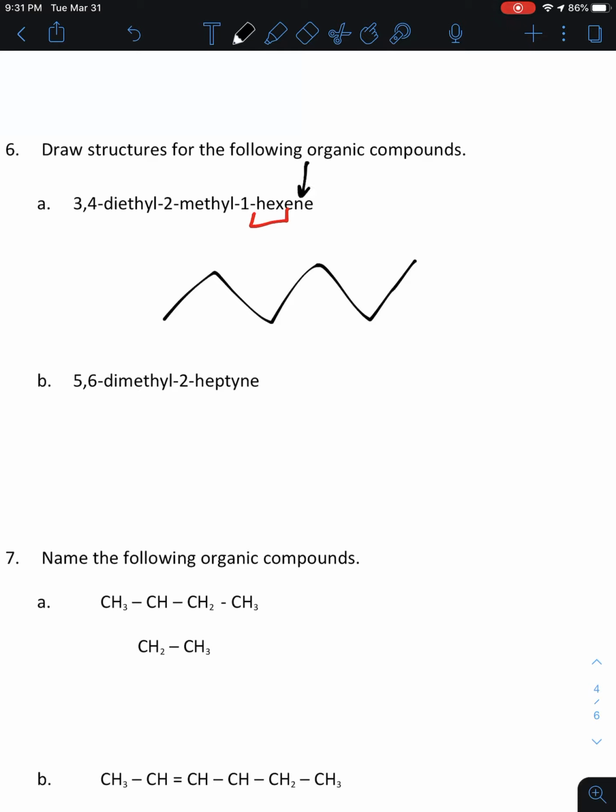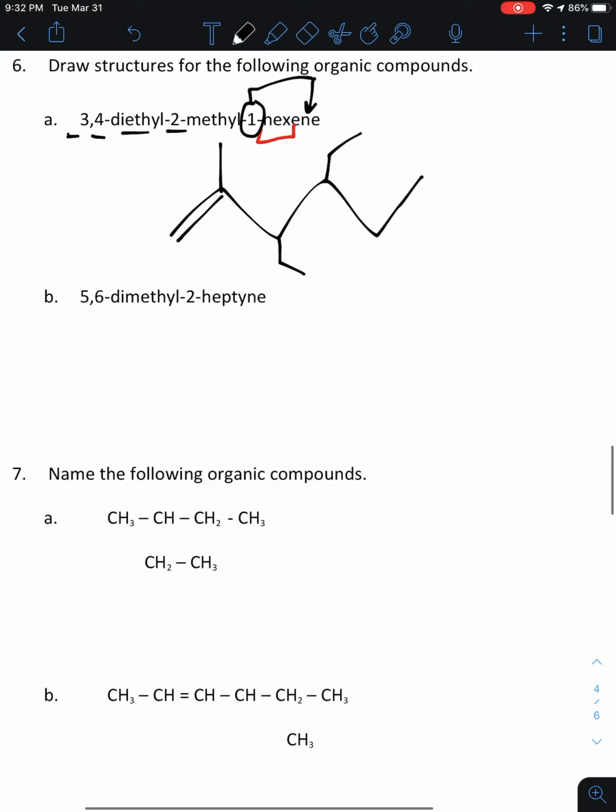We know that we're going to have a double bond, and that double bond is coming from the first carbon. We have a methyl group on the second carbon, and we have 2 ethyl groups on the third and fourth. So that's our molecule.